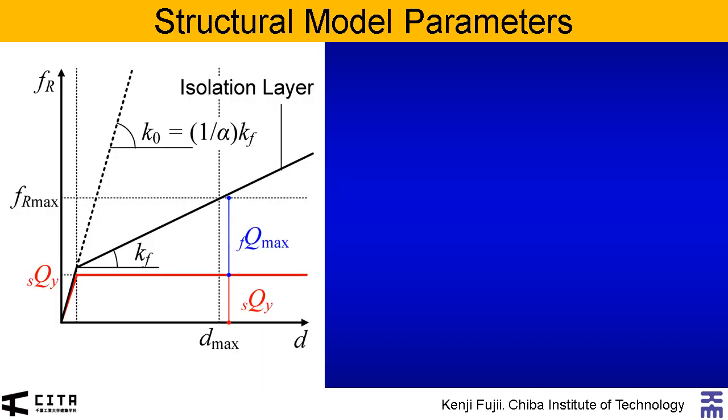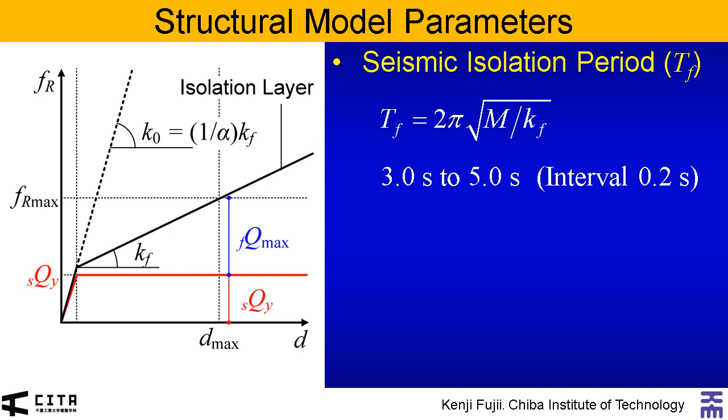First, I would like to explain the structural model parameters. In this study, 3 parameters are considered. The first is the seismic isolation period, TF. The range of TF is set from 3.0 to 5.0 seconds.